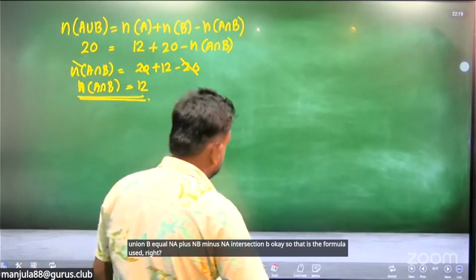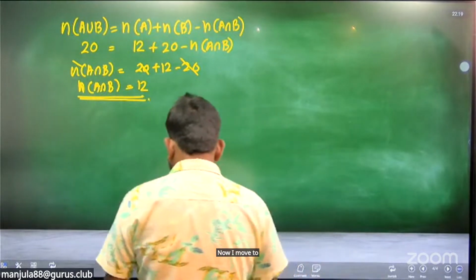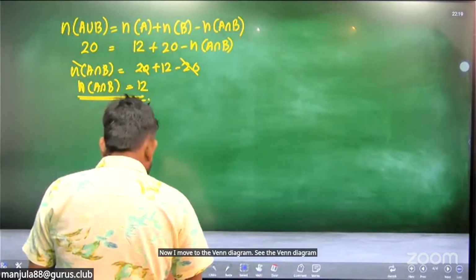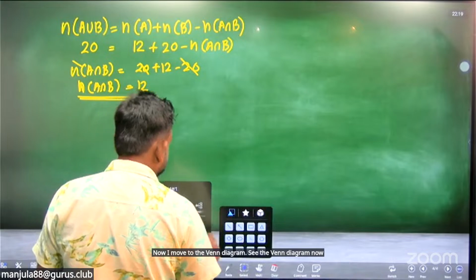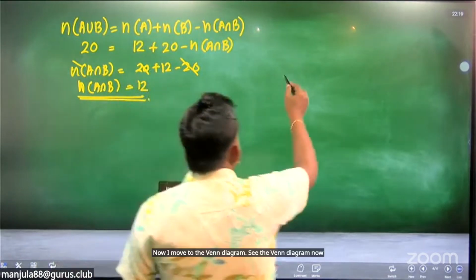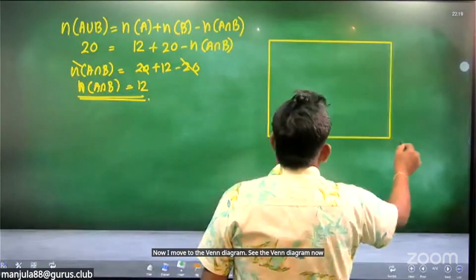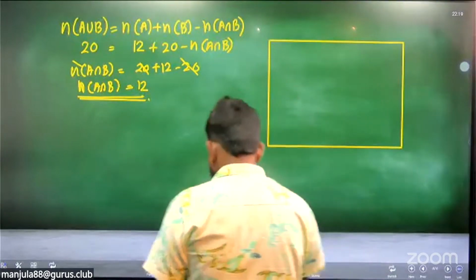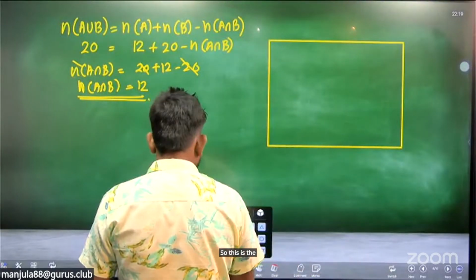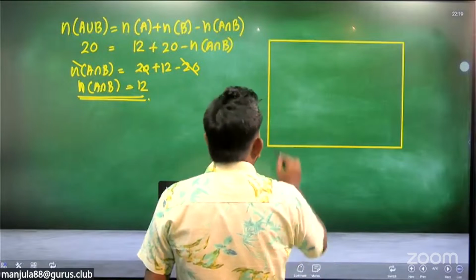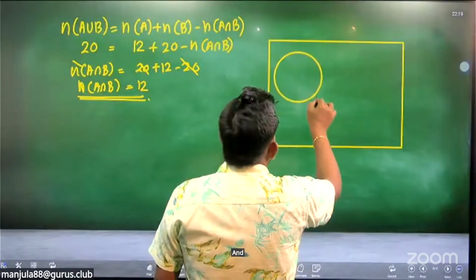Now I move to the Venn diagram. See the Venn diagram now. Here we have two sets.